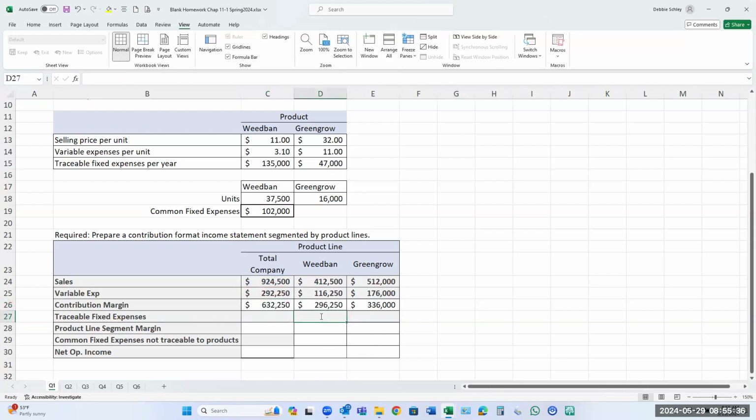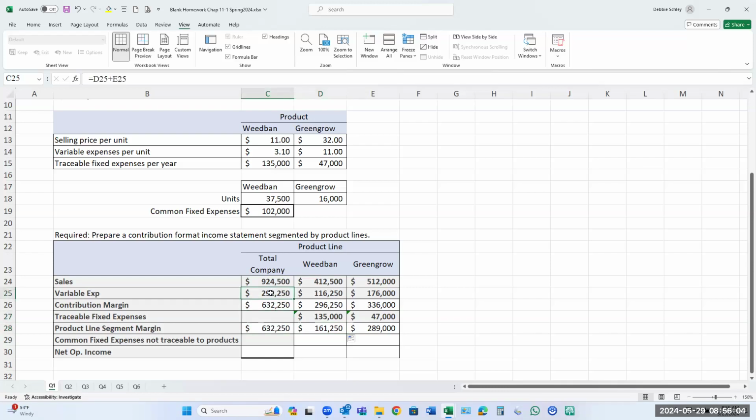Okay, traceable fixed expense for Weed Ban was given in the chart. And traceable for Green Grow was also given in the chart. So then it's going to be the contribution margin minus the traceable fixed equals the product line segment margin. I'm going to drag that both directions.